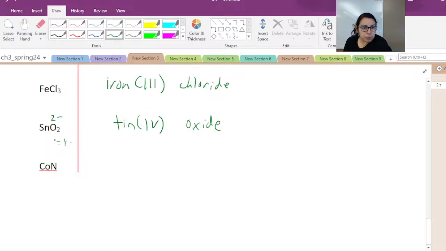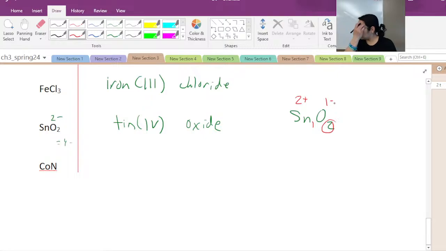And so let's take a look at this tin one, because this is one where, what happens if we try to do the reverse swap trick? So there's a 1 here. And so you might get 2 plus 1 minus. And so when you see this, and you've backed it out, the first thing that you want to check is, is this charge what the oxygen is?